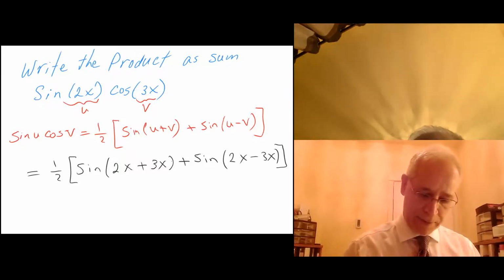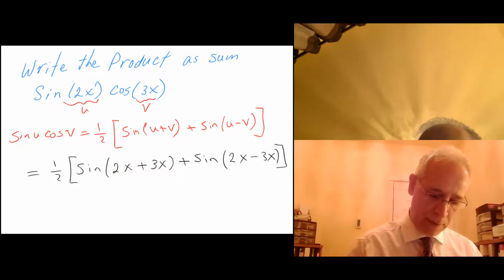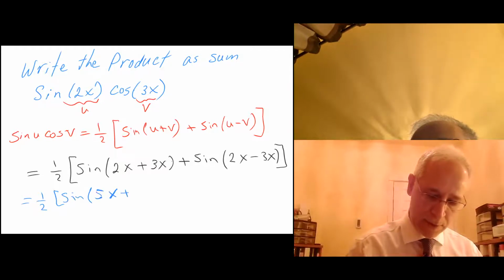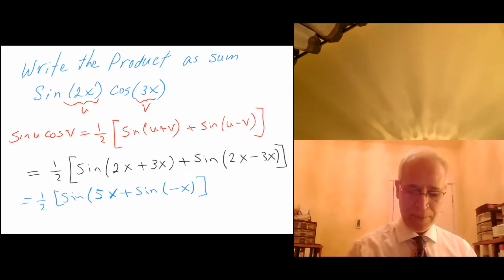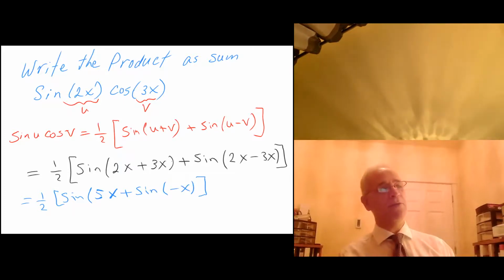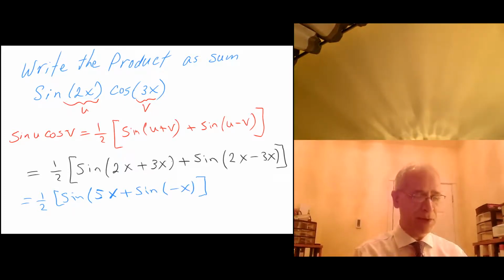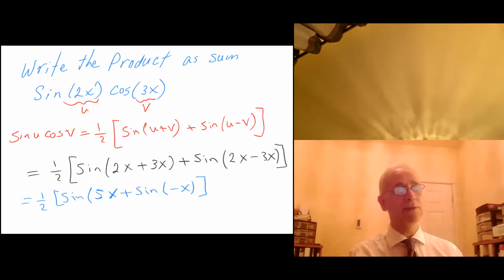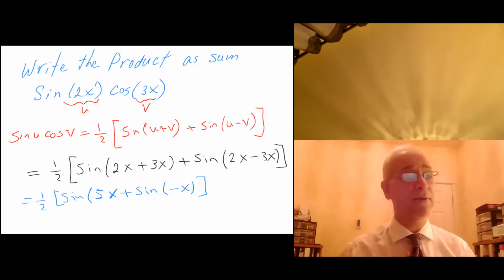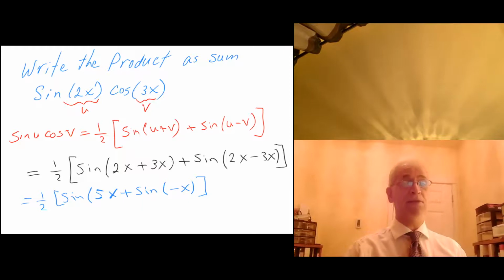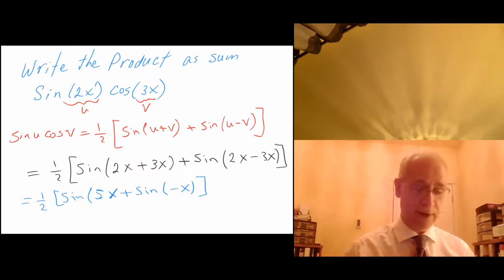And that equals, continuing this, 1/2 sine of 5x plus sine of minus x. We have one more step left for this. We're going to have to remember that sine is an odd function. Sine of minus x is the same as minus sine of x.